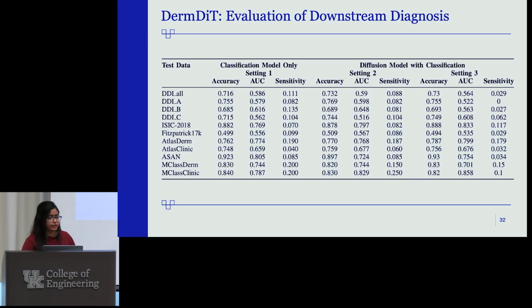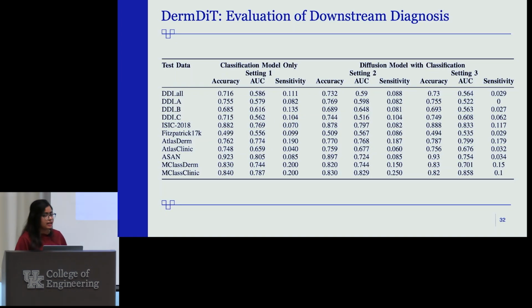And then here we compare classification models for downstream diagnosis. The classification model in setting 1 was trained independently, only with the real ISIC dataset. And these models in settings 2 and 3 were trained during the diffusion process training. So when it was trained independently with the real ISIC dataset, it didn't see any synthetic images.